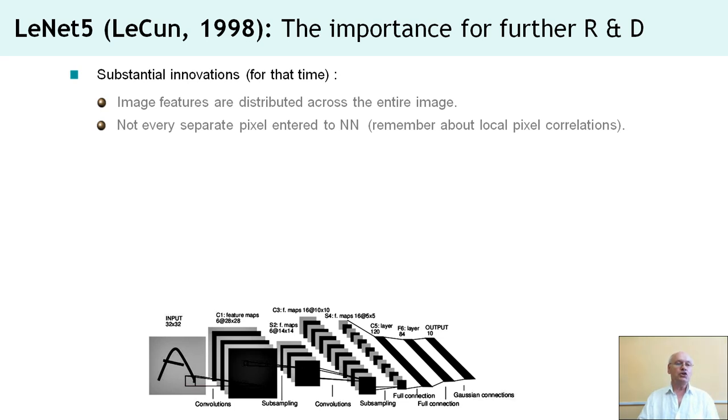The second innovation is that not every particular pixel goes to the neural network. It's just regions, by convolution, that go to the next layer, and this is the way the dimensionality is substantially reduced. Given that an image may have millions of pixels, you can view the training stage of a neural network like solving a system of equations with millions and millions of unknown variables, which is an enormously difficult problem.